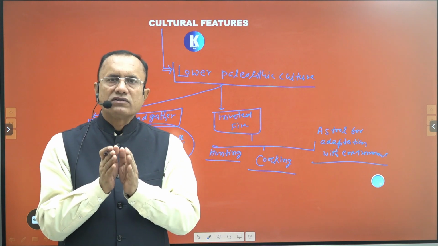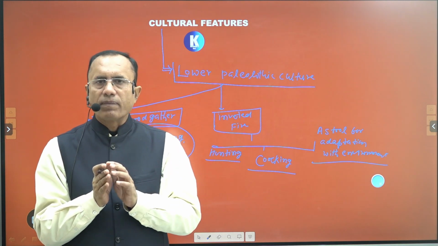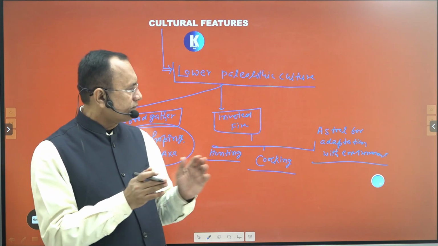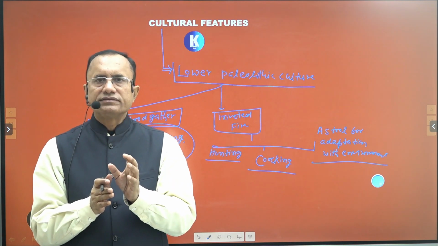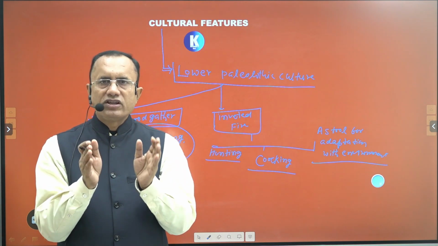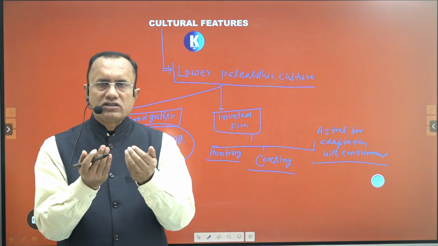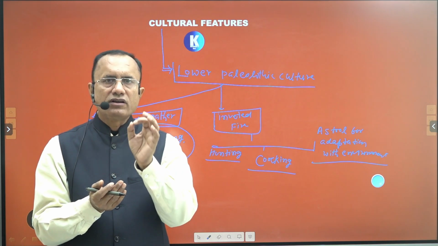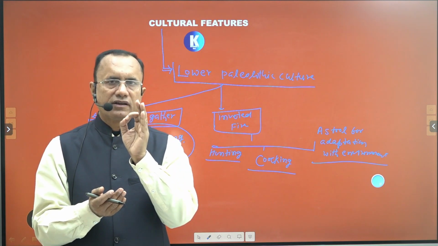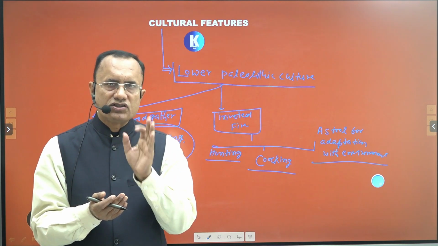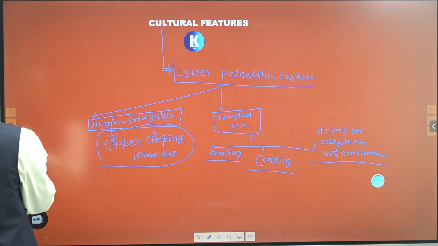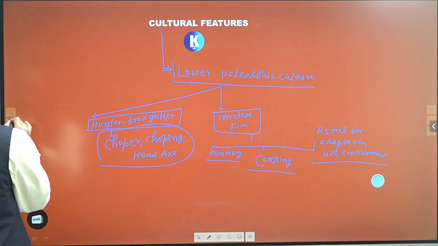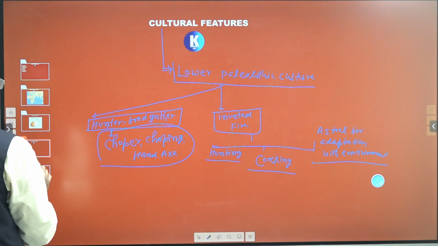And he was the founder of Acheulean culture, and he was the founder of lower Paleolithic culture. So on the basis of that, you can write some important characteristics related to culture, and then you have to talk about its phylogenetic position.